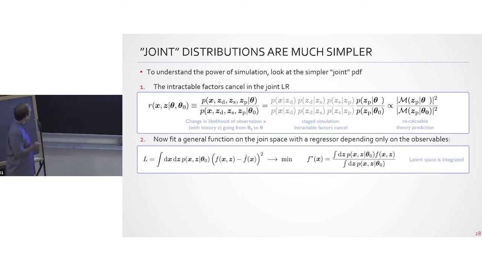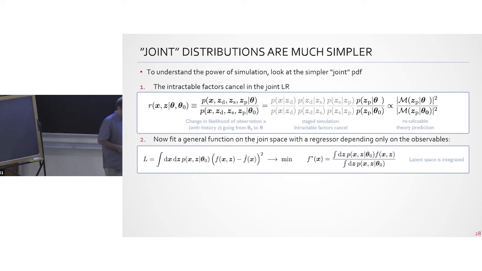So what we usually do is we write a loss function with some function f(x,c), and here is a regressor that does not depend on c. If you minimize this loss function, you will find that it gives you a ratio of integrals, and those integrals are over the histories.